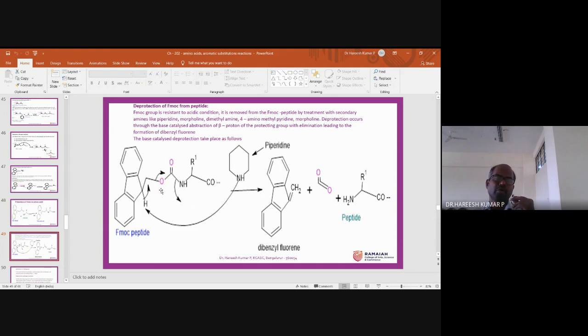So CO2 is going out, and the name of this compound is dibenzofulvene. This is one benzene, this is another benzene. Dibenzofulvene is a byproduct, and carbon dioxide is another byproduct, and the peptide is the product.